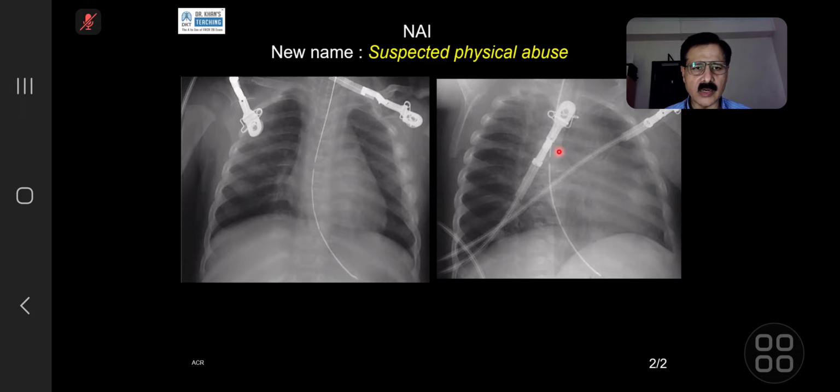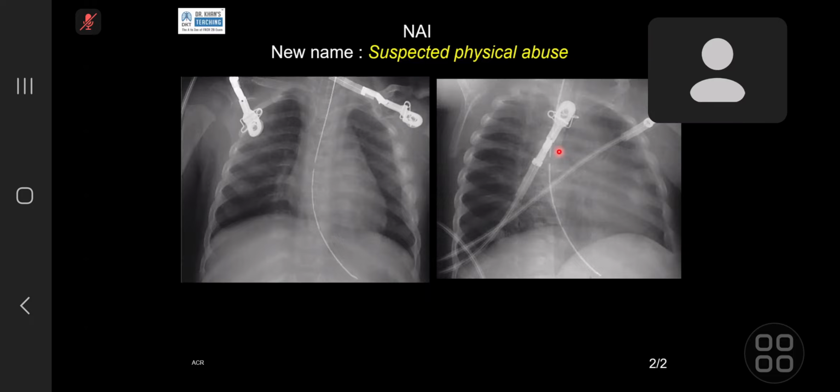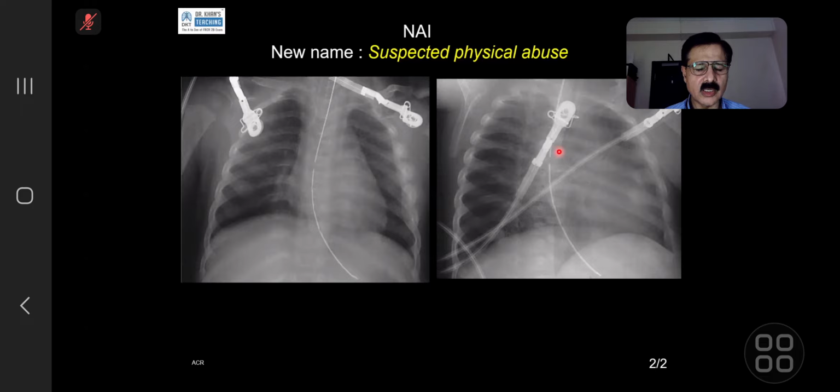So in UK, now the latest is that if you want to impress the examiners, use this word suspected physical abuse. I am sure they will not mind if you still use the word non-accidental injury. So this is a case of NAI. Why I wanted to show you here is that the same radiological finding can be seen in NAI as well as in rickets. Thank you very much, candidate 3.